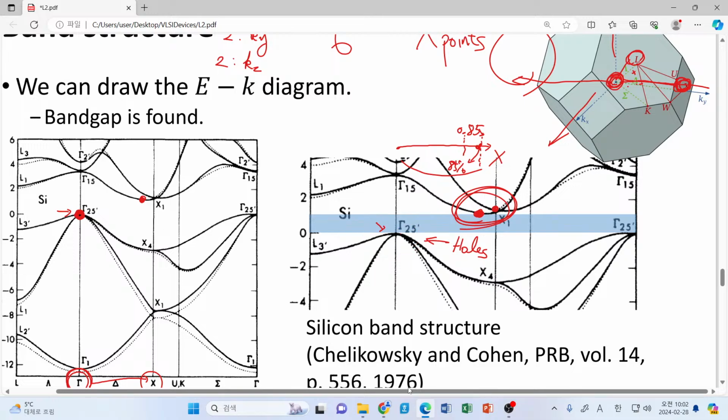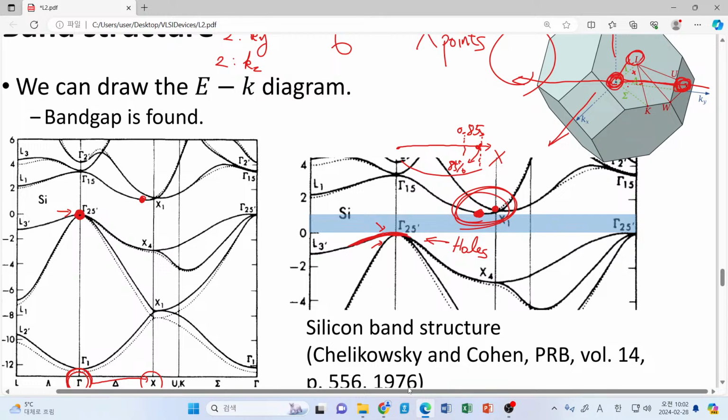We have 2 different branches, and these 2 different branches are related with different holes. So holes inside the silicon valence band are not one body. There are substructures inside our silicon valence band.